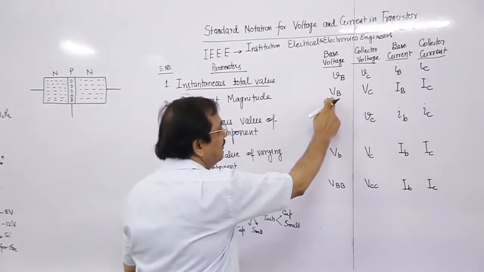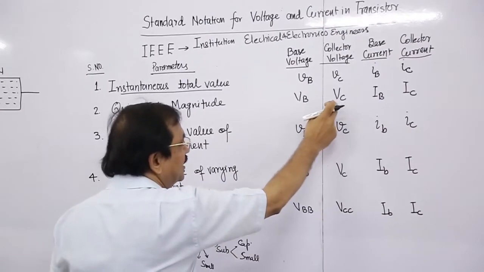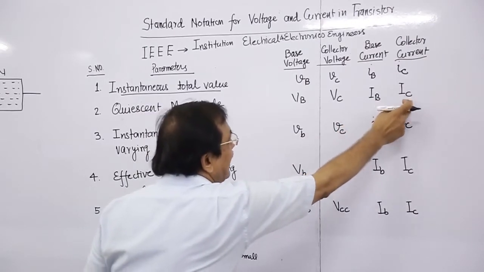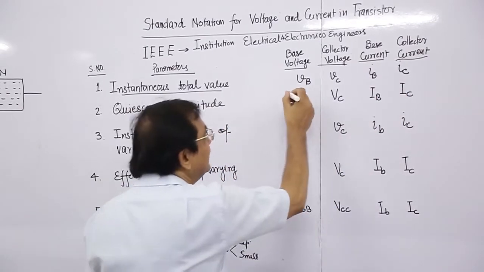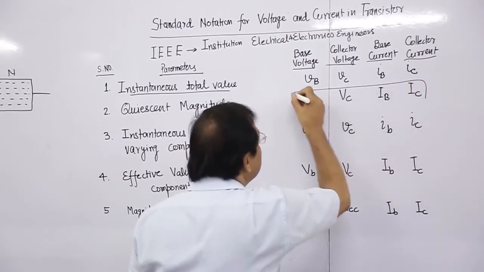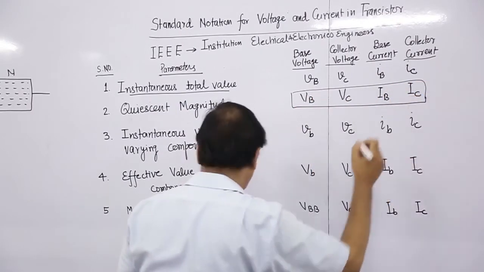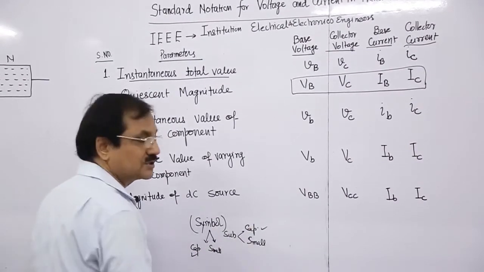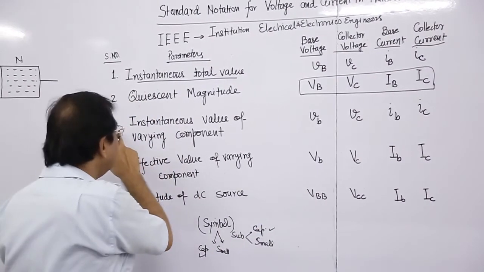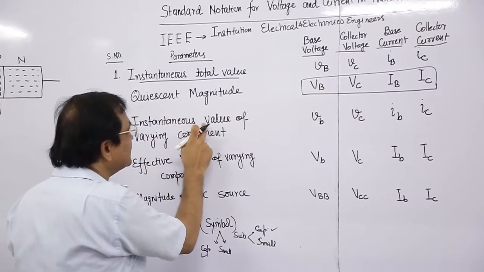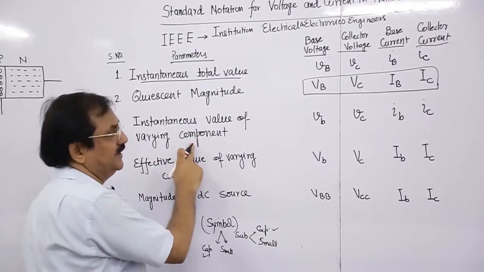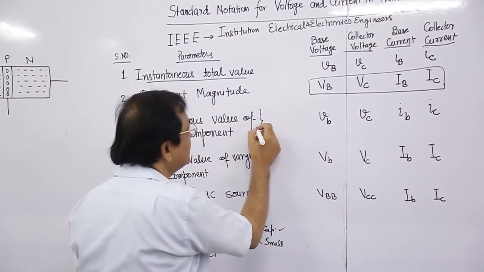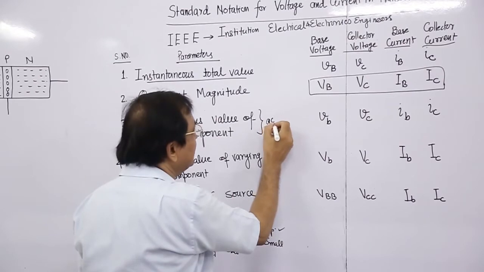So this is capital V capital B, capital V capital C, capital I capital B, capital I capital C. All these symbols are capital, the symbol is capital and the suffix is also capital. The third one is the instantaneous value of the varying component. This varying component is concerned with the AC signal.